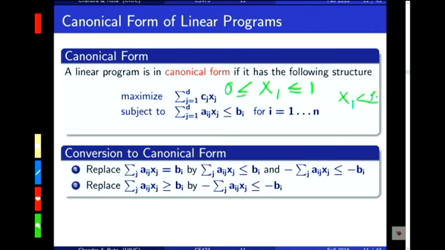Suppose I have these two possibilities and I want to maximize x1. Only two constraints: x1 has to be between 0 and 1, and maximize x1. What is the solution for the first one, when I say less than or equals? 1, right? What is the solution for the second one?